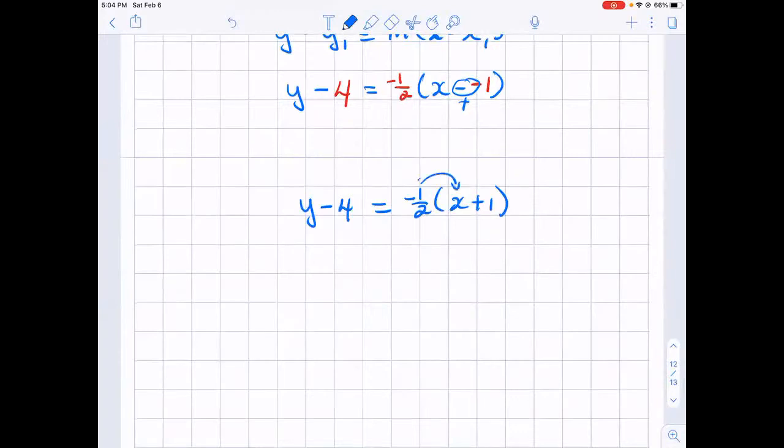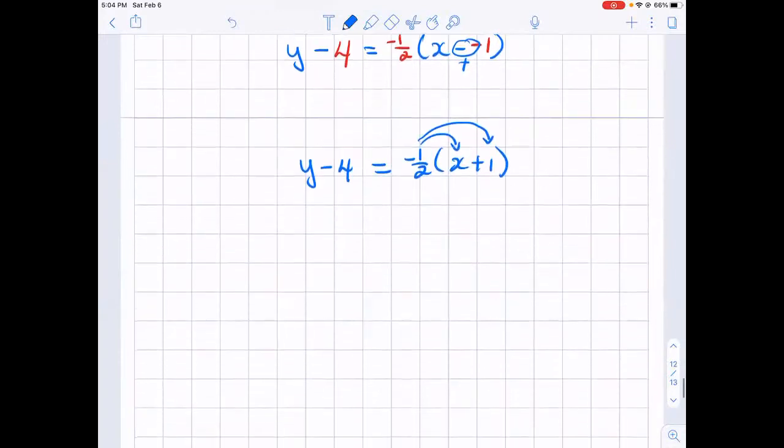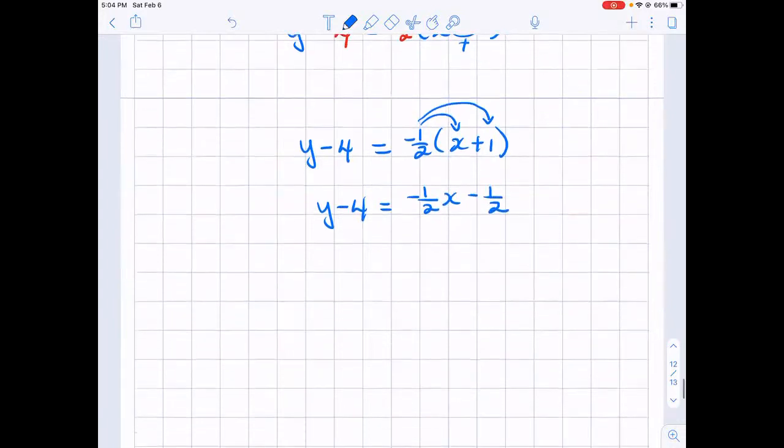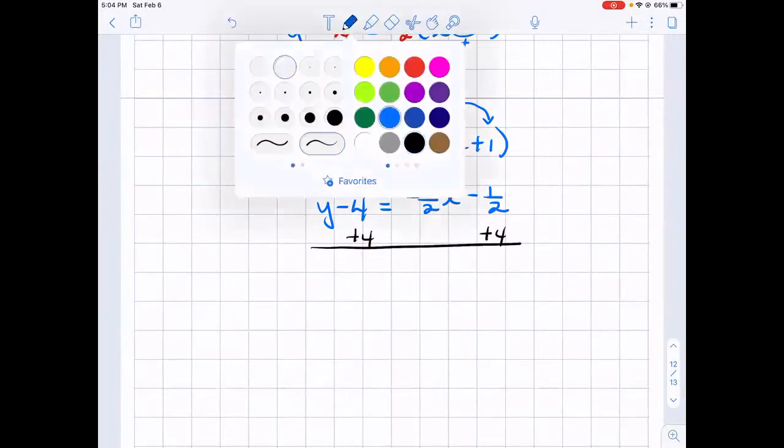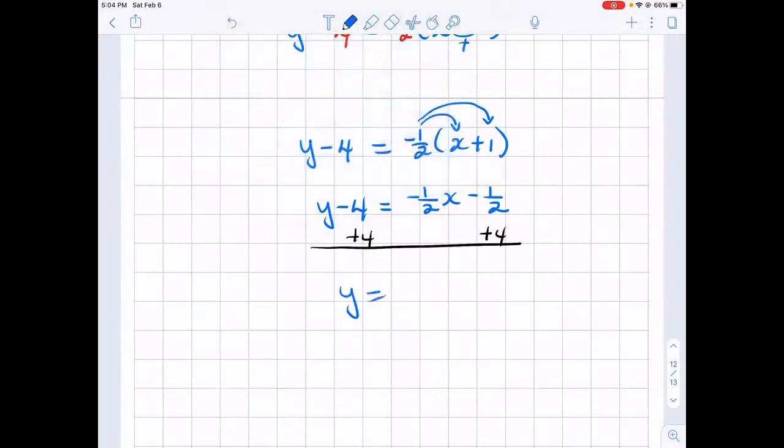Distributing the negative 1/2, we have y minus 4 is equal to negative 1/2 x minus 1/2. And now if we add 4 to both sides, we have y is equal to, the minus 4 and the plus 4 cancel, so minus 1/2 x.